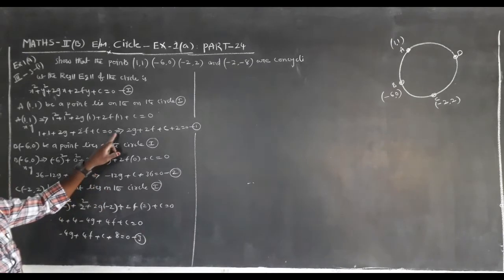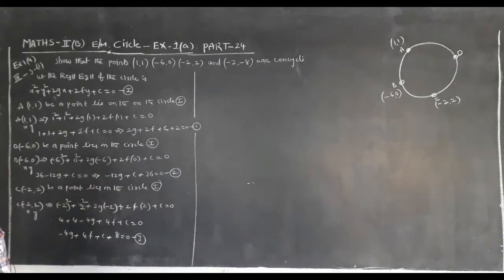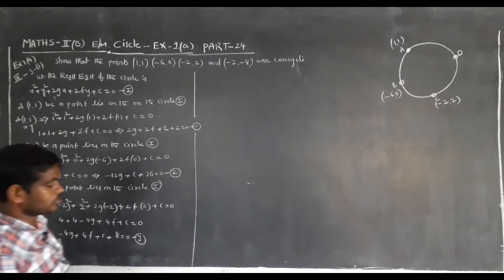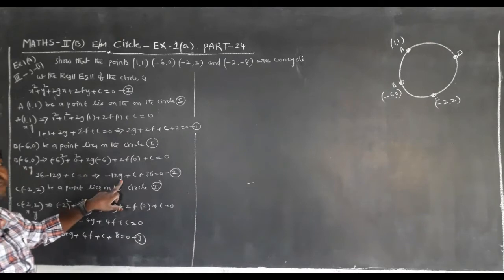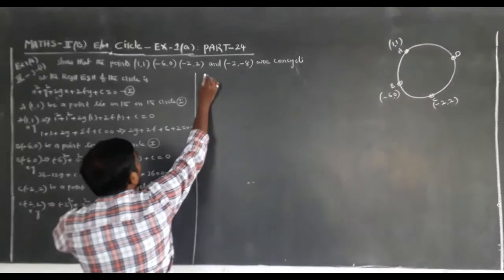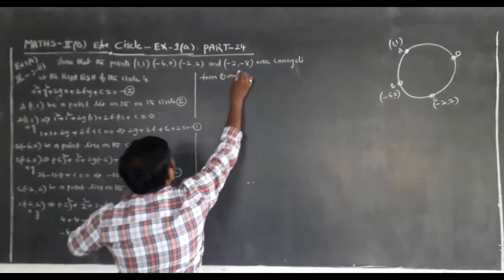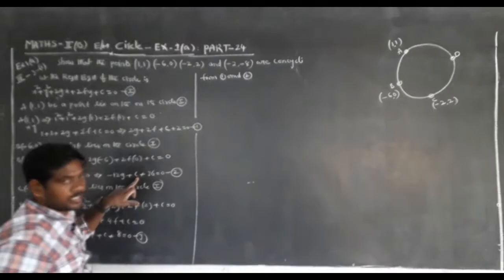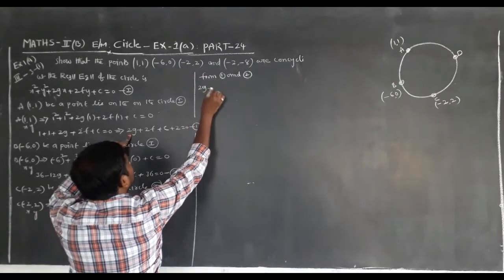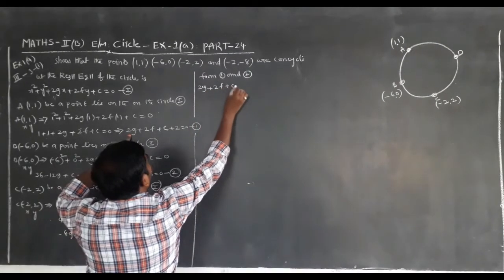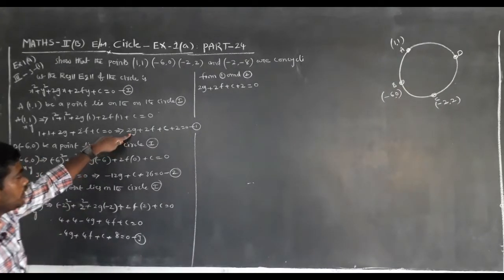Solving 1, 2 and 3 for the values g, f and c. First of all, we solve 1 and 2. Eliminate c from 1 and 2. First one is 2g plus 2f plus c plus 2 is equal to 0.